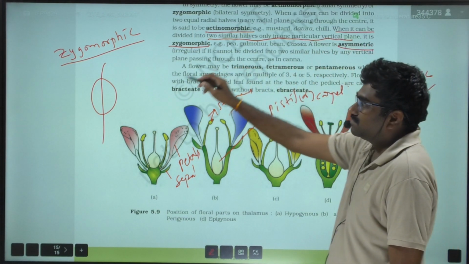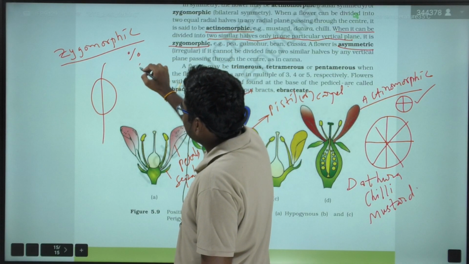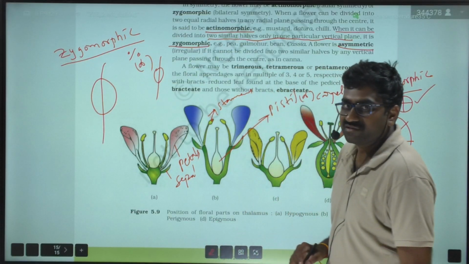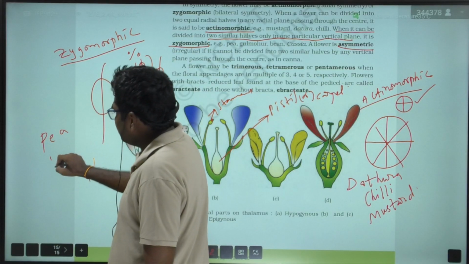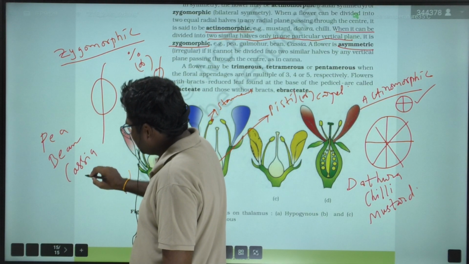That is known as zygomorphic symmetry, and it is represented with the symbol percentage or pi. Examples for zygomorphic are pea, bean, cassia, gulmohar.